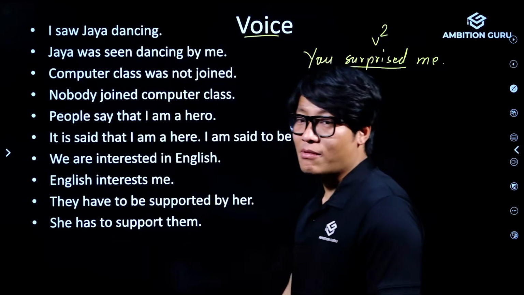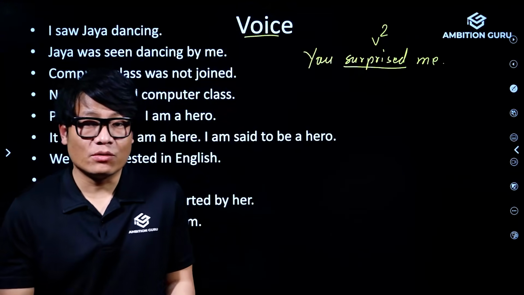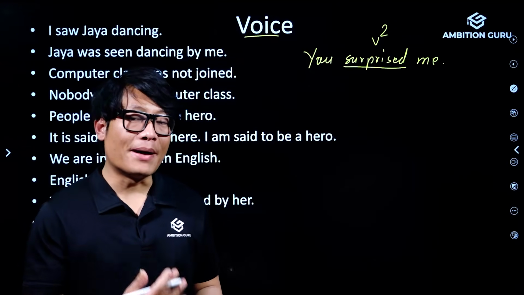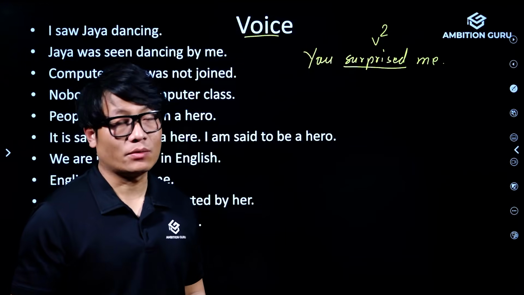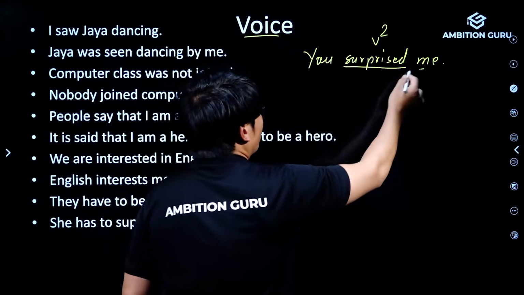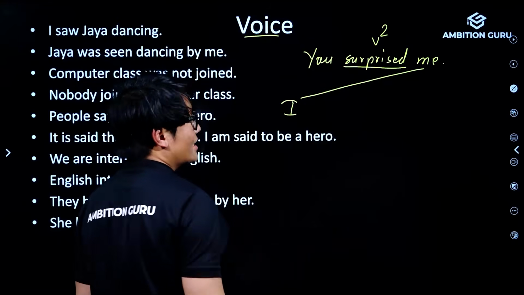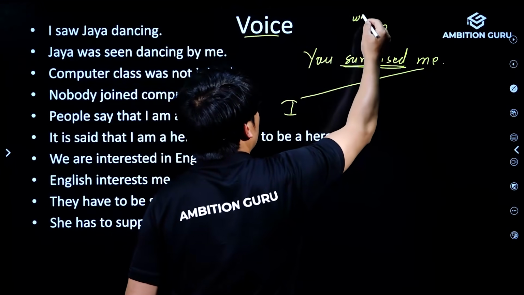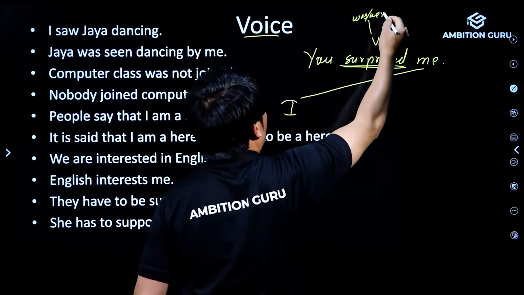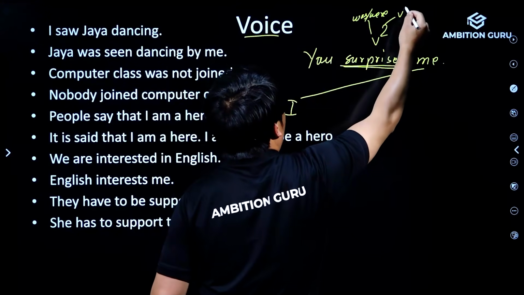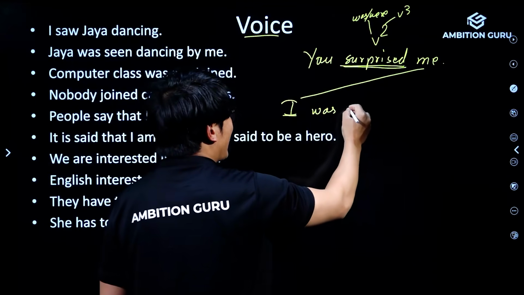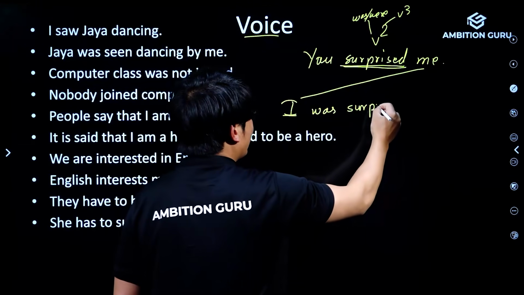Very good. I was surprised, but I was surprised after what should be there. Some are sending me by you, to you, with you. Let me tell you. Me becomes I. Surprise is a verb 2, so passive means was or were, and obviously next would be verb 3. I take was, so I was, and verb 3 is surprised.